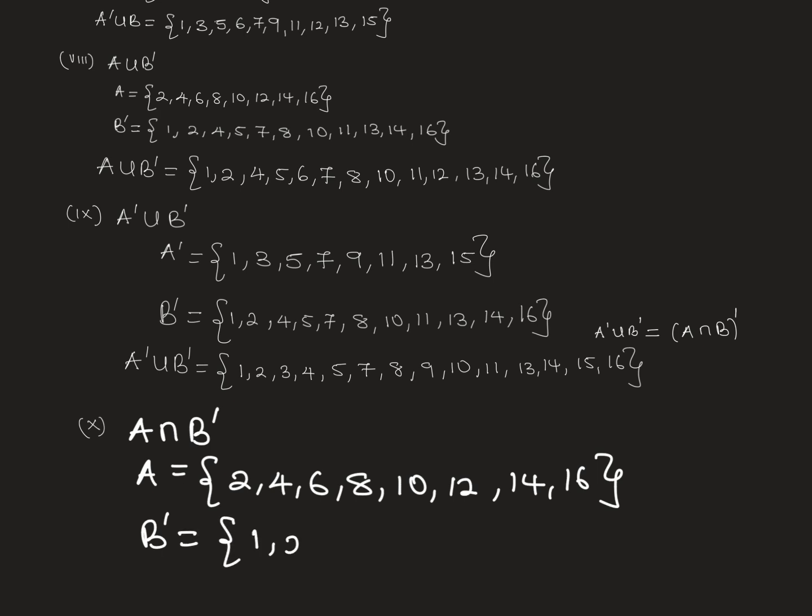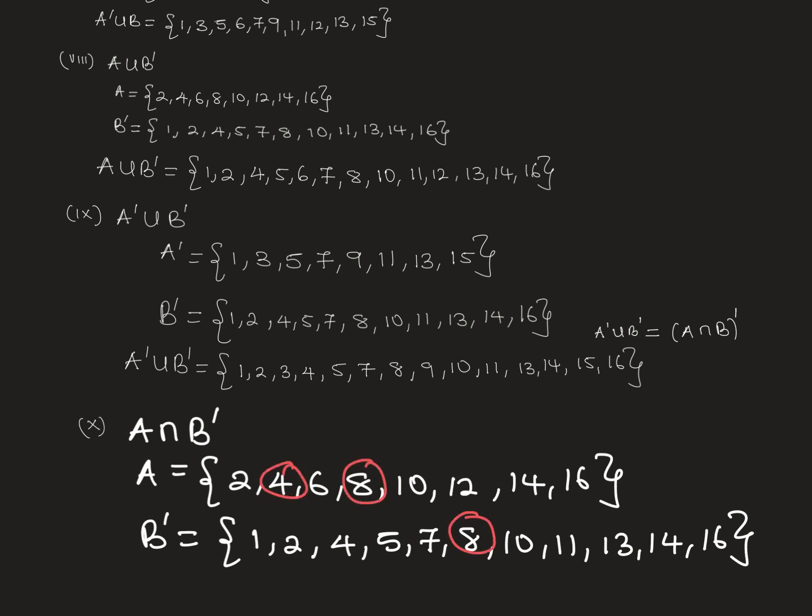We have 1, 2, 4, 5, 7, 8, 10, 11, 13, 14, and 16. So intersection means members that are common in both of them. So we'll have 8, we'll have 4, we'll have 14, we'll have 16. Do we have another? We'll have 10. What else? We'll have 2. These are the ones that I can find.